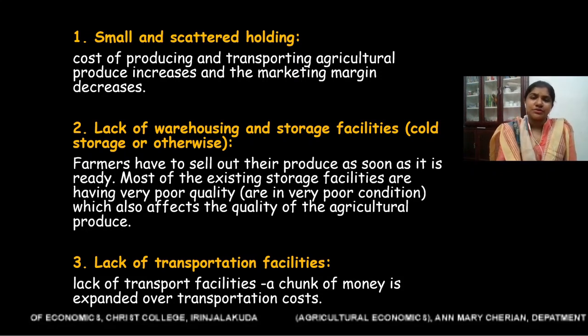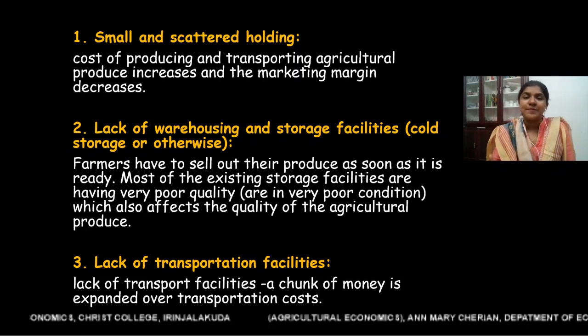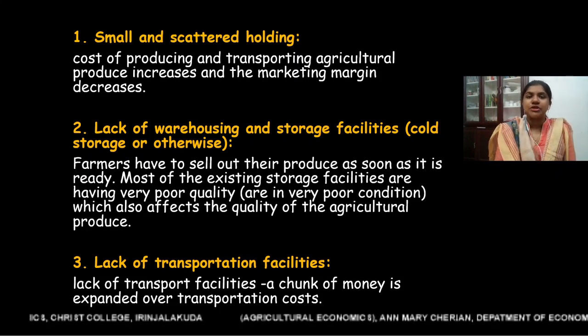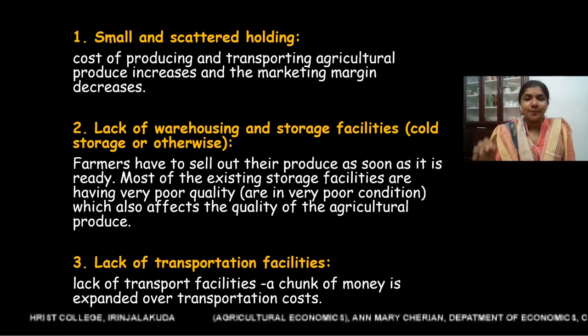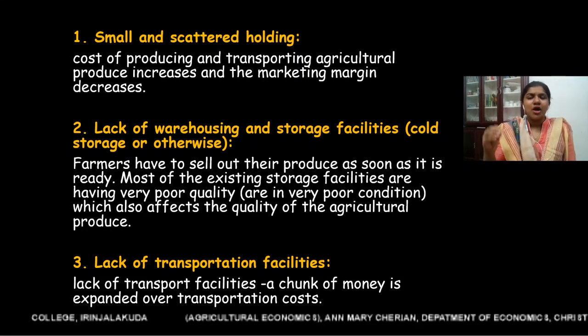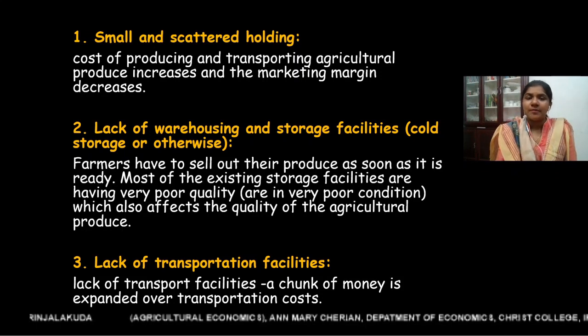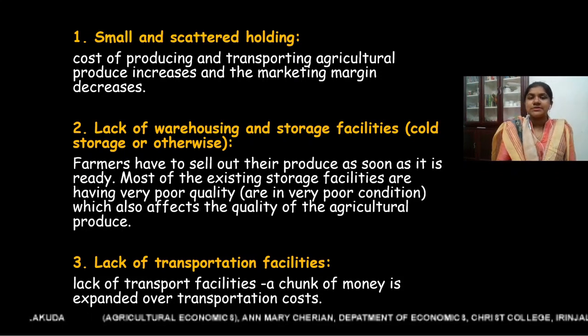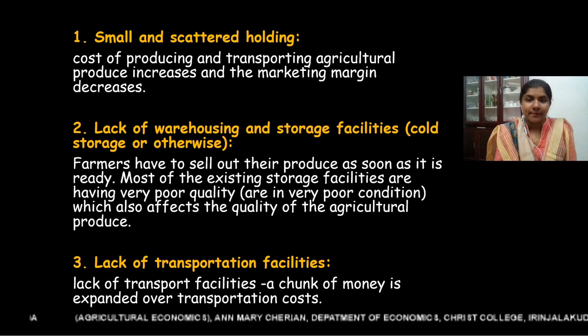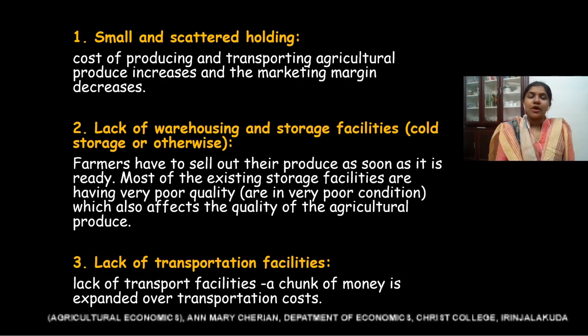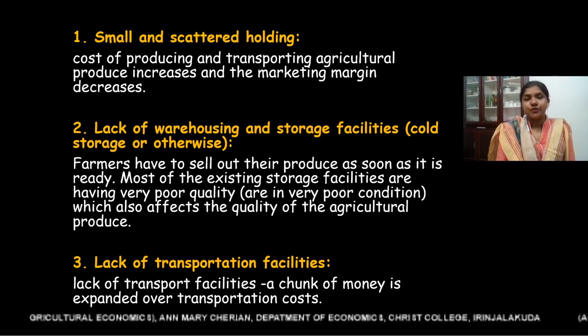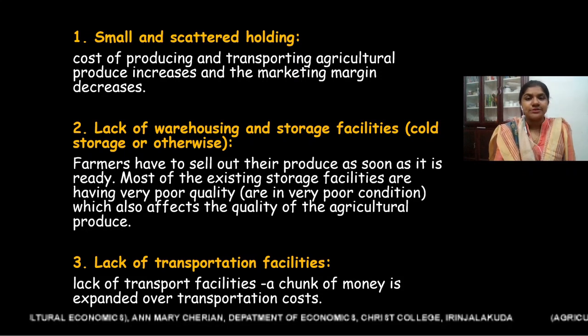All these issues make farmers spend more on transportation, and this reduces their profit margin. And the transportation problem deters farmers from getting their products from rural areas to urban markets. So the third important issue faced by farmers is lack of transportation facilities.